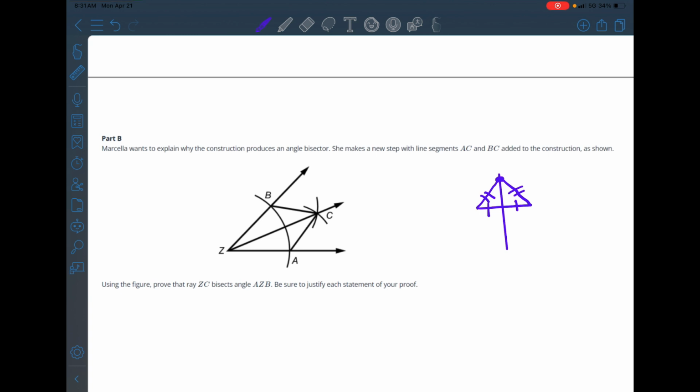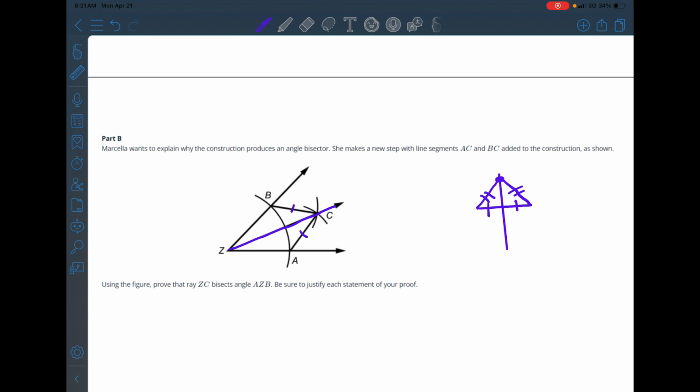So it's going to mean the same thing about an angle. So if AC and BC are the same length, we know that this ray bisects it. It's the same distance from the sides of the angles.